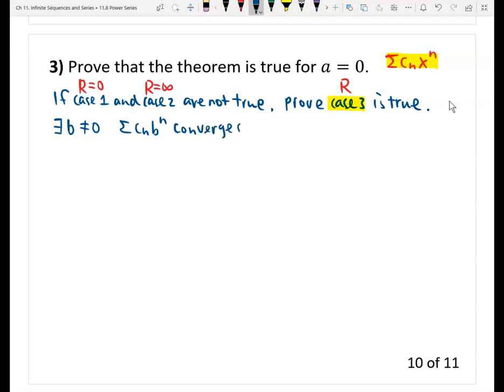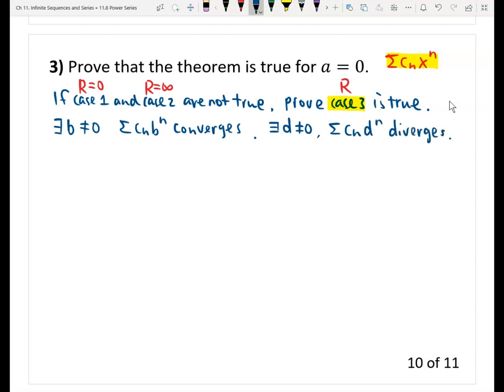That's true. And also there exists another number d not equal to 0, because case 2 is not true, which means it does not converge at all real numbers. Therefore we have a d, and this series diverges. Okay, that's the beginning.